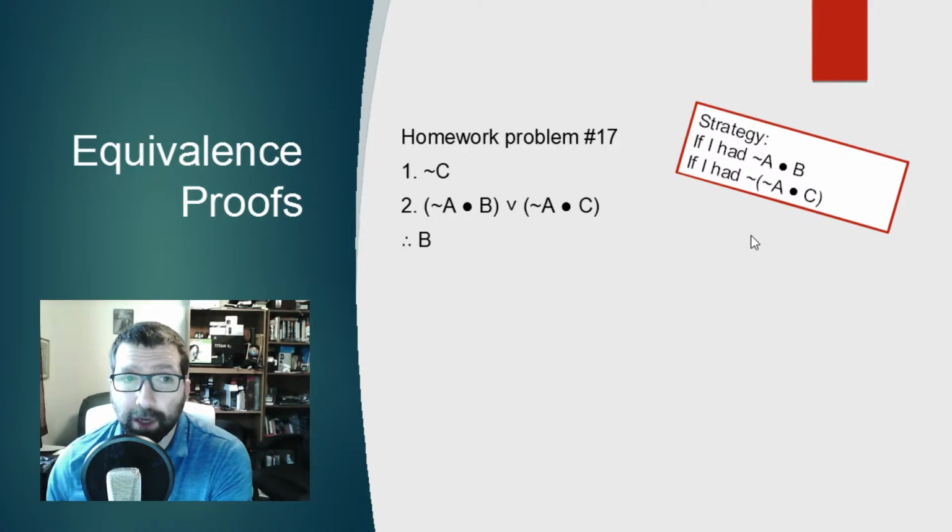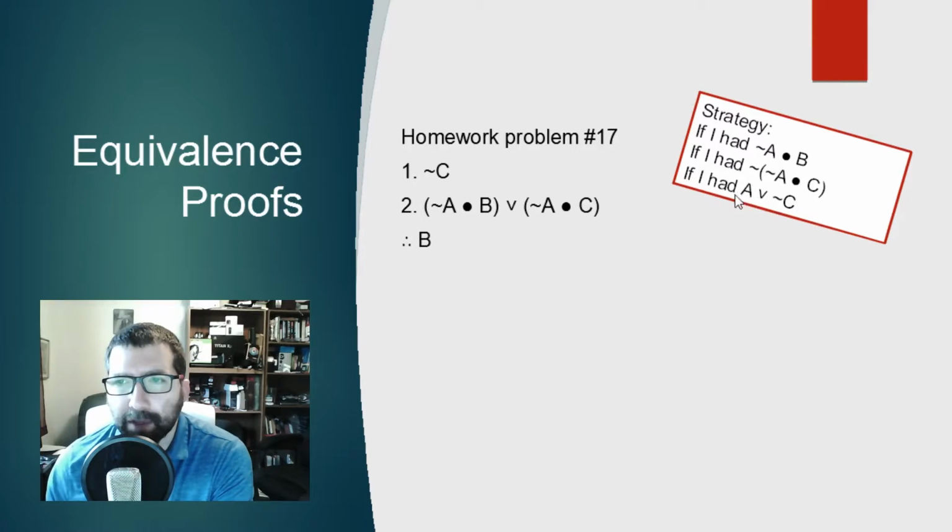Go take a look at the book under De Morgan's rule, and you'll see that this is the equivalent of this statement, A or not C. Right? So this statement and this statement are the same through De Morgan's rule. So if you had A or not C, you could De Morgan it to get this. Right? And then you could use this with number 2 in a disjunctive syllogism to get this side. And then you'd be able to do a simplification to get the B.